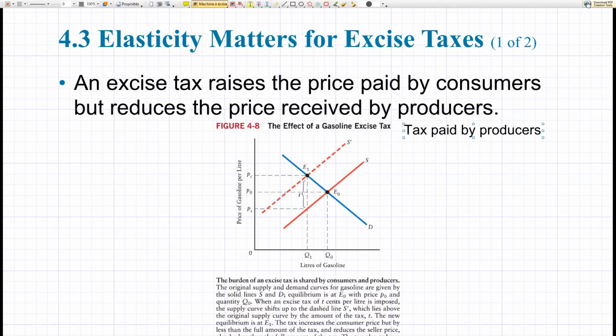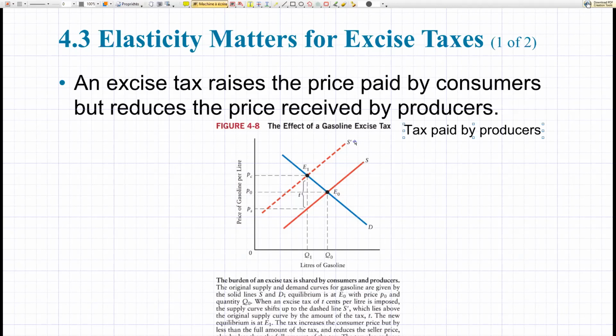I want to break even. $10 was my best offer, and now the government is asking me to pay $10 more. I'm going to go bankrupt if I pay the government the same amount of money I received from the consumer, because then I don't make any money. So you see that imposing a tax on the supplier will shift the supply curve up.